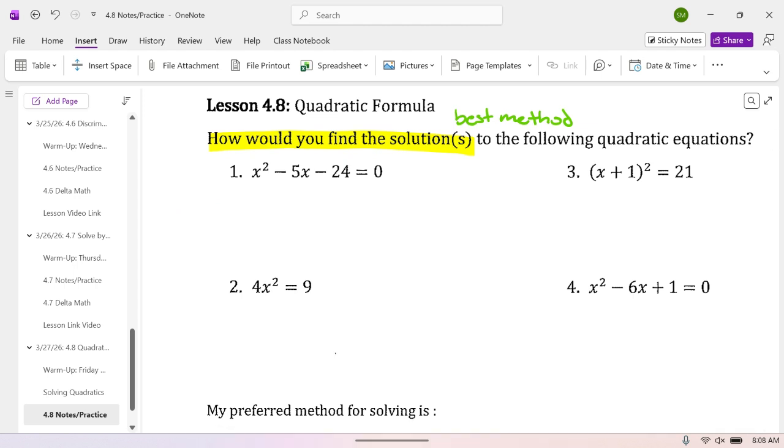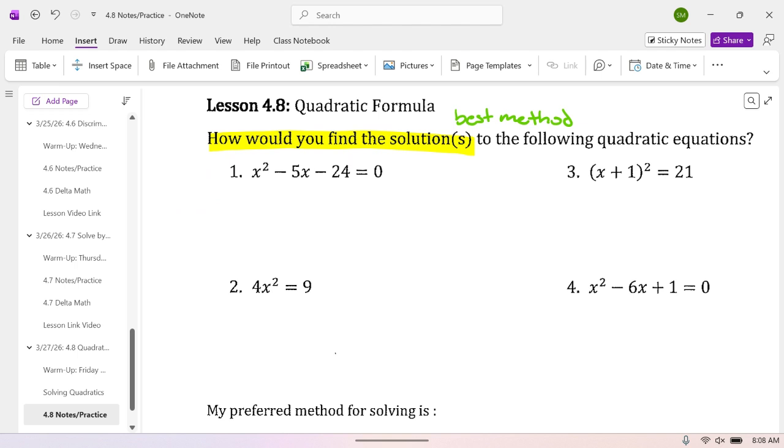So of all the methods that we've used, factoring, completing the square, solving by taking a square root, which would make the most sense to do for this one? You could. The a value is 1, but there's actually an easier way. Is that factorable?